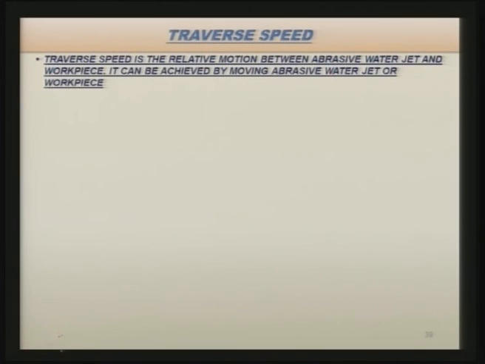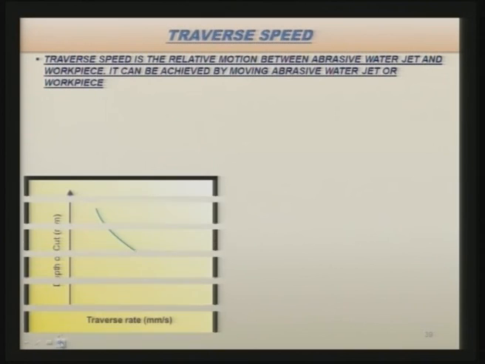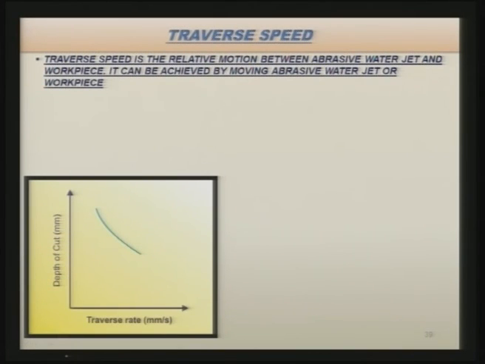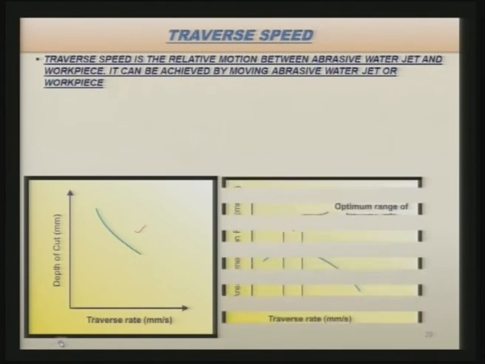Now, traverse speed is the relative motion between abrasive water jet and workpiece. It can be achieved by moving the abrasive water jet or the workpiece. If we see the relationship between traverse rate and depth of cut, as the traverse rate increases, the depth of cut decreases.